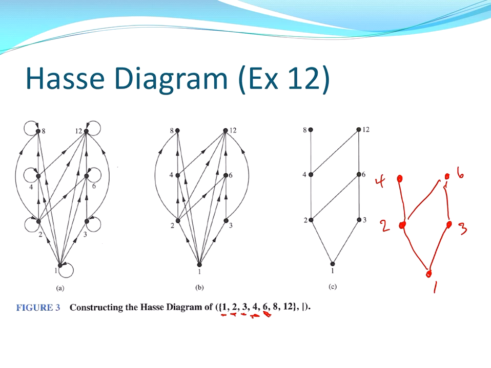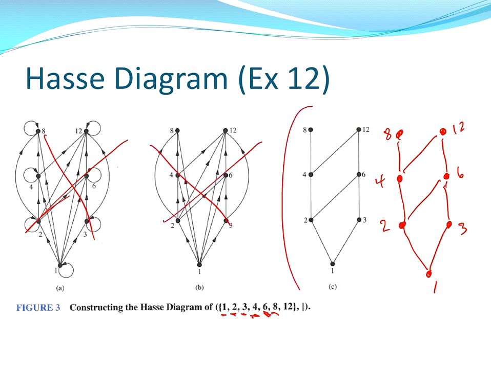That isn't caused by a transitivity relation, it's just another ordered pair in the relation. Then 8 will go above 4 because 4 divides 8. And 12 will be at the same level as 8 because neither 12 nor 8 divides the other, but 6 divides 12 and 4 divides 12. So I think it's okay to just write down the Hasse diagram directly from the partially ordered set.